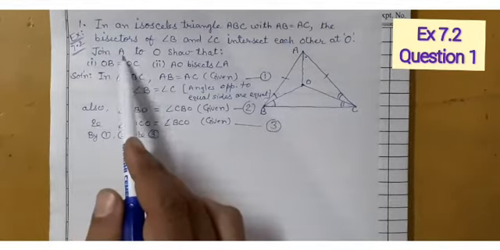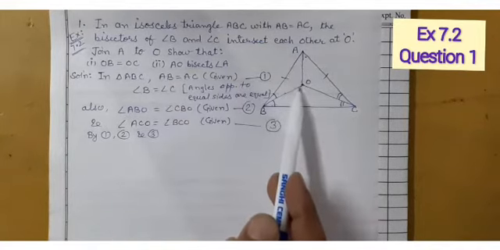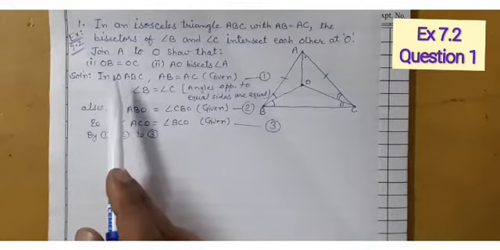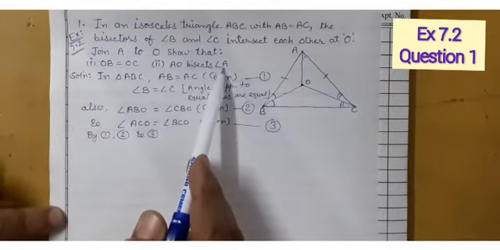Join A to O, then show that OB equal to OC and AO bisects angle A.